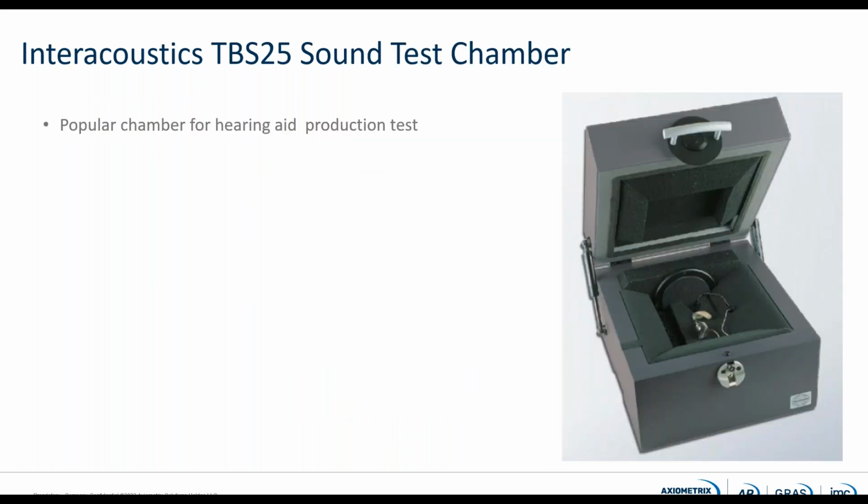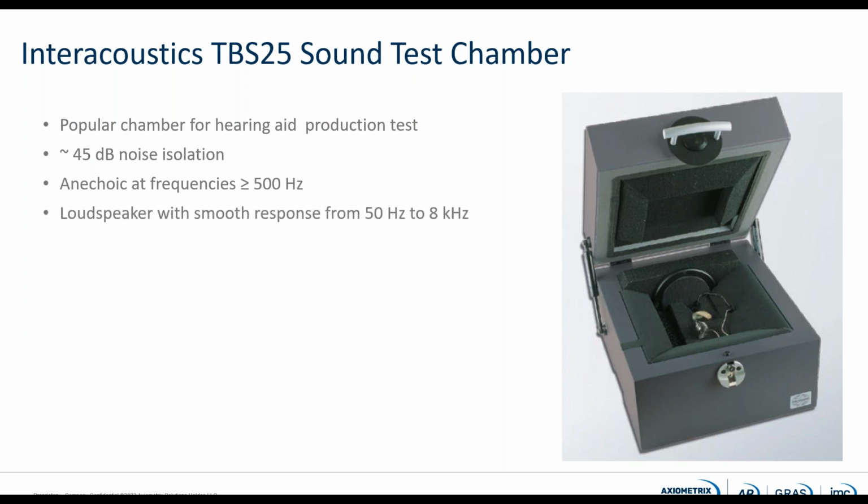So looking at the test chamber, certainly in my experience, the most popular test chamber for hearing aid measurement is the TBS25 made by Interacoustics. Extremely popular, it has excellent noise isolation, is anechoic at frequencies above 500 Hertz. An excellent response of its loudspeaker.